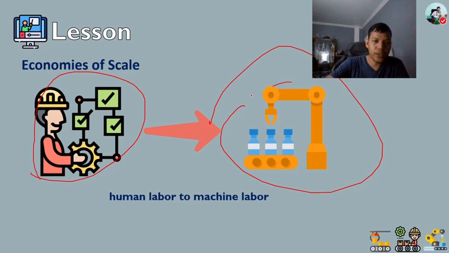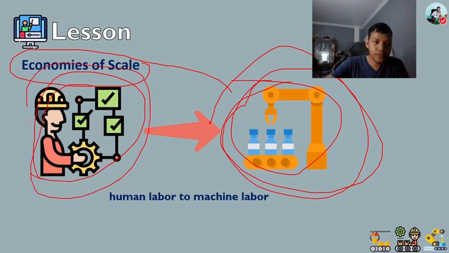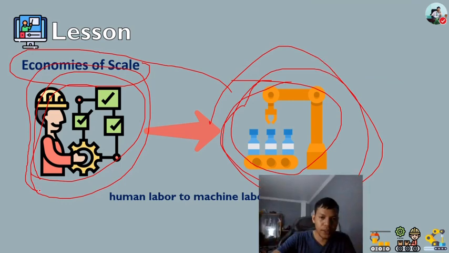They can produce lots of products or outputs. That will result in economies of scale, because this is a situation in which a firm has this cost advantage because they produce a lot of output, compared to humans. Okay, so there's a limitation for the human worker.